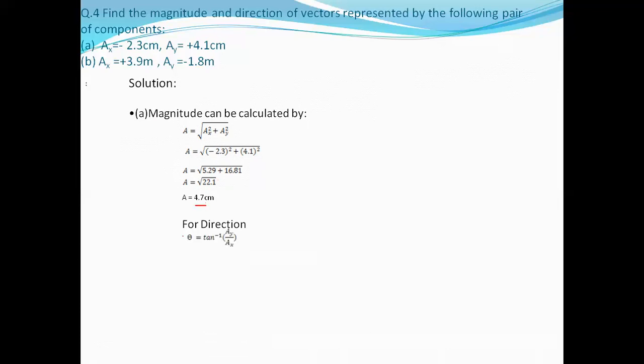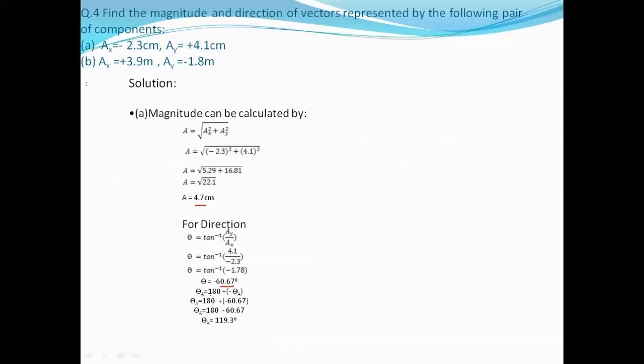For the direction, we have the formula theta is equal to tan inverse ay over ax. Putting the values ay and ax, we'll get 4.1 divided by minus 2.3. We get tan inverse minus 1.78. Calculating it, we'll get minus 60.67. Now this minus 60.67 basically is in which quadrant?